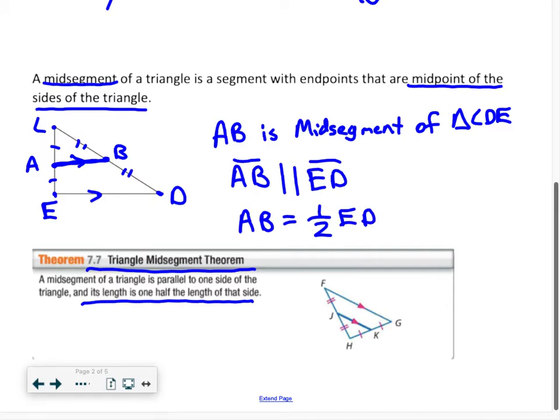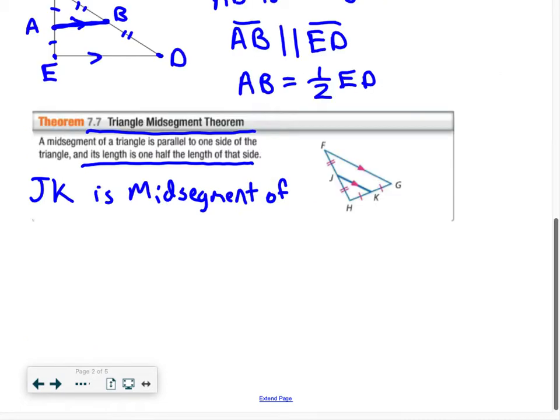So the segment AB is 1/2 the length of ED. Alright, so that's what the mid-segment theorem tells us. So if we're looking at this example, okay, JK appears to be the mid-segment. JK is the mid-segment of triangle HFG.